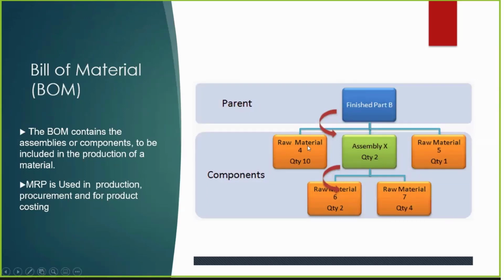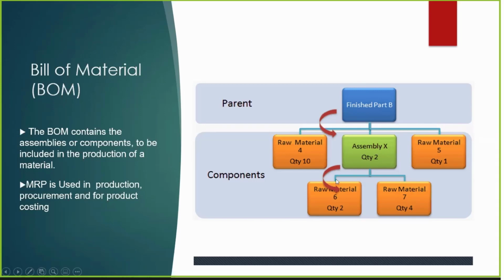For example, here the finished product B will use raw material ID 4. This raw material's ID is 4, but I need 10 of this. And I need an assembly, I call it X. Why assembly?